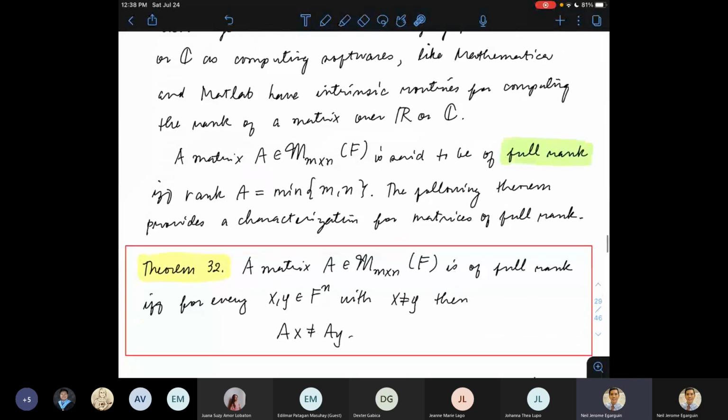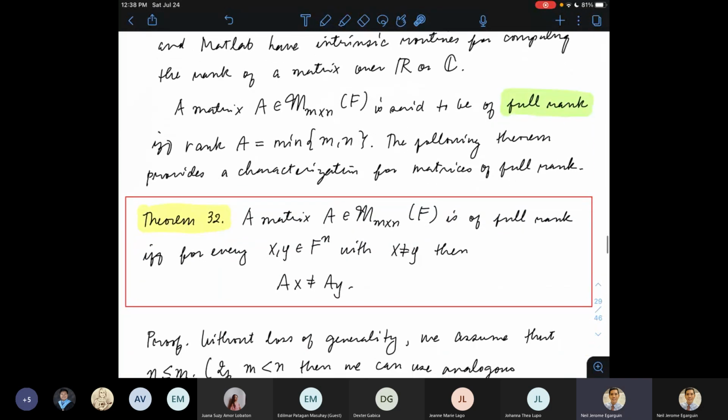Okay. Now, next notion is full rank. We say that the matrix is a full rank if and only if the rank is exactly equal to the smaller between the number of rows and the number of columns. Remember, we said that the rank is always smaller than or equal to the minimum between m and n.